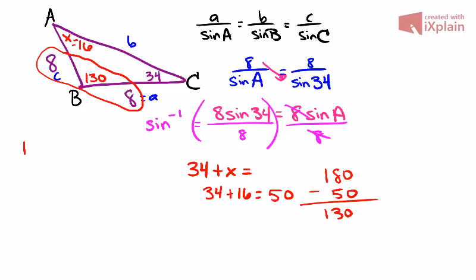So now I can do 1/2 times 8 times 8, which is 1/2 AB sine of C, sine of 130 degrees. Put that in the calculator, and then it will give you your answer, which is the area of this triangle.